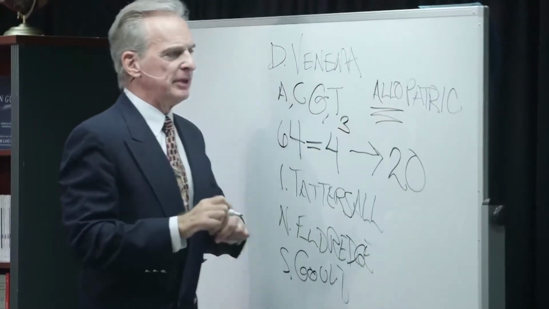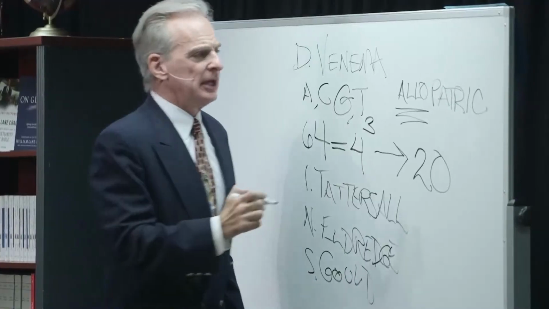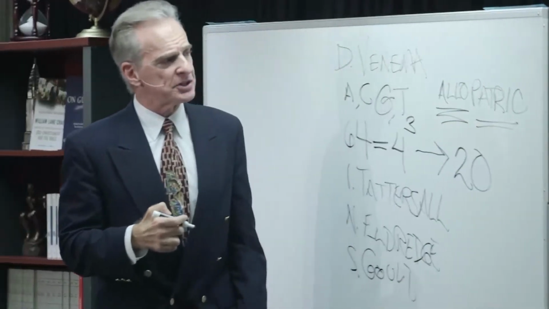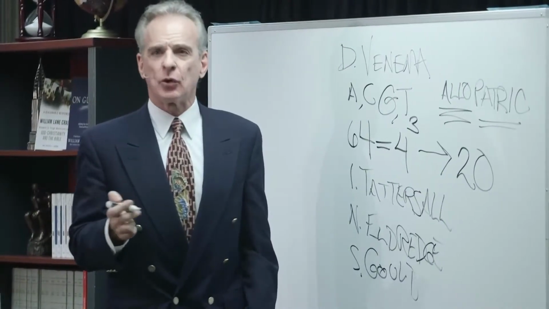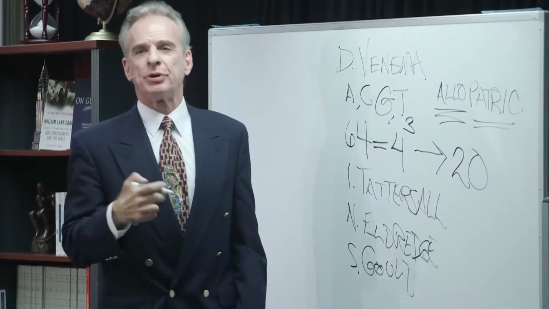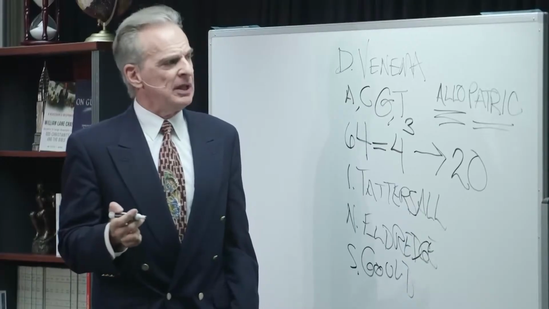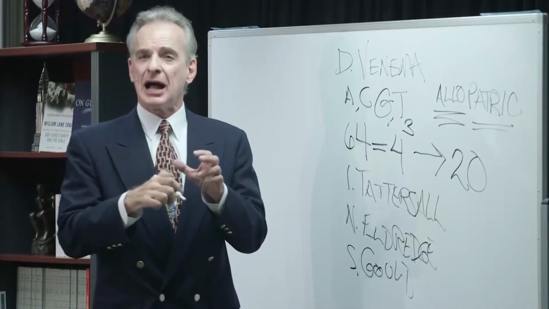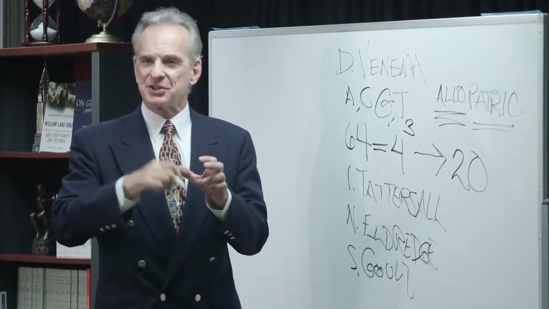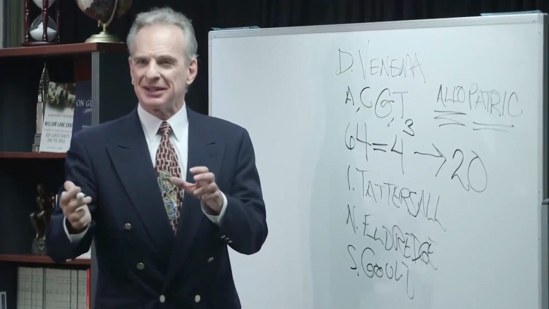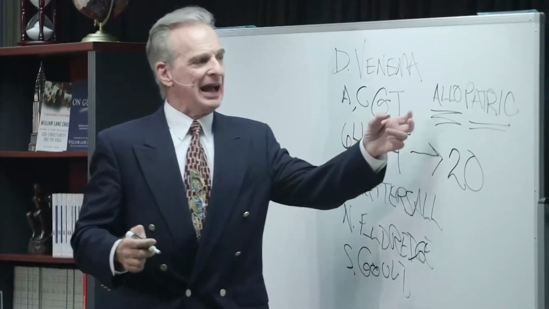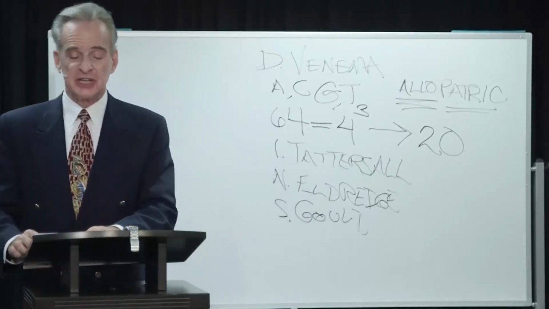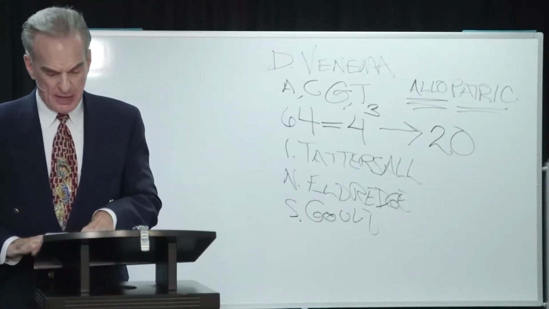Allo means other or different, and patric comes from the same root that words like patristic or paternity or paternal come from. So, in contrast to someone who is a compatriot, that is to say, shares your same country, allopatric would mean belonging to different regions.